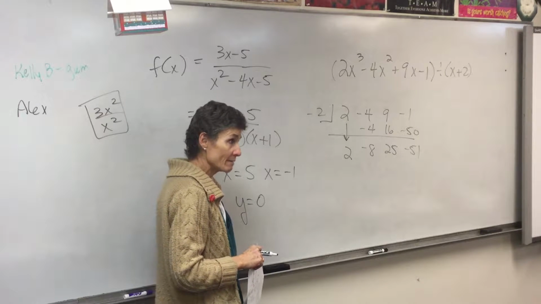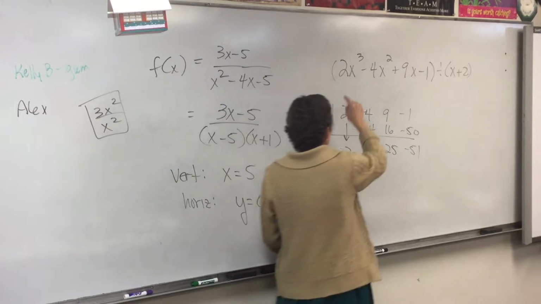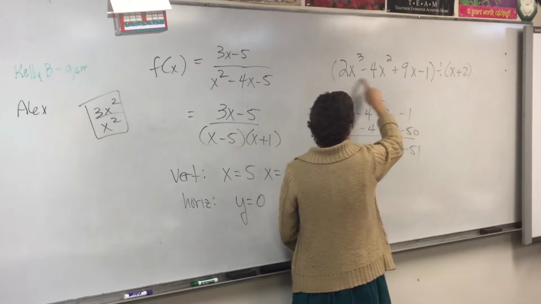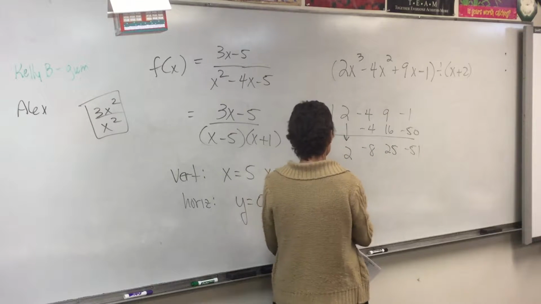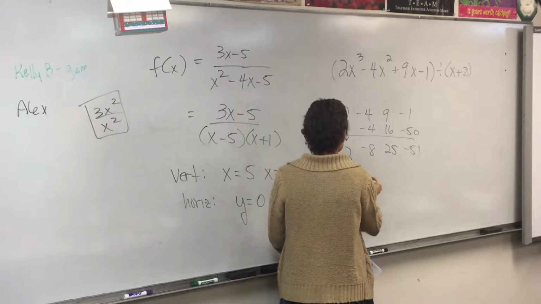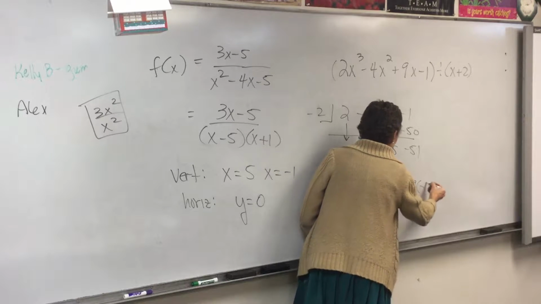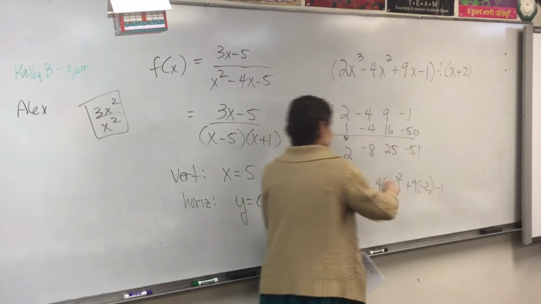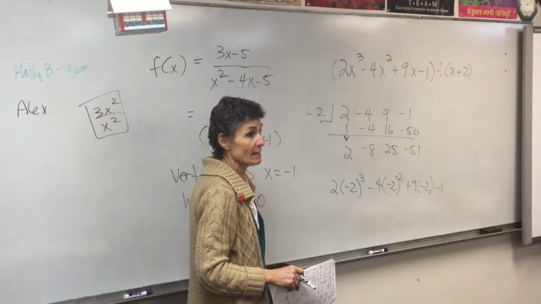There is another way to find the remainder if you wanted to. You could just plug -2 in for all of the x's. You don't have to do it both ways. Now, this is on the no calculator part of the exam.